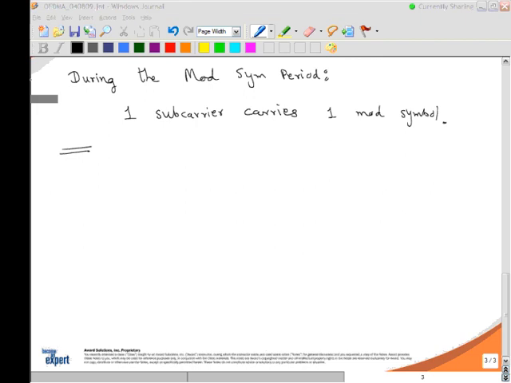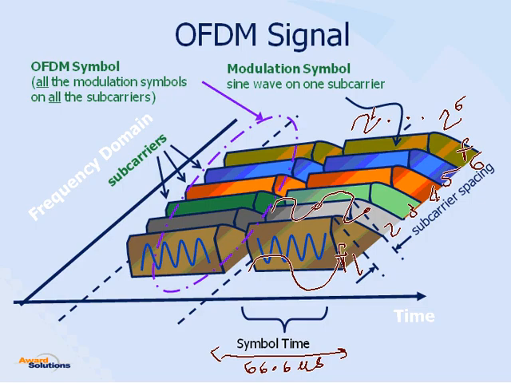In our example, we have 6 subcarriers. So F1 carries one modulation symbol, symbol 1. F2 has 2 cycles, and those 2 cycles together again represent another modulation symbol, number 2.